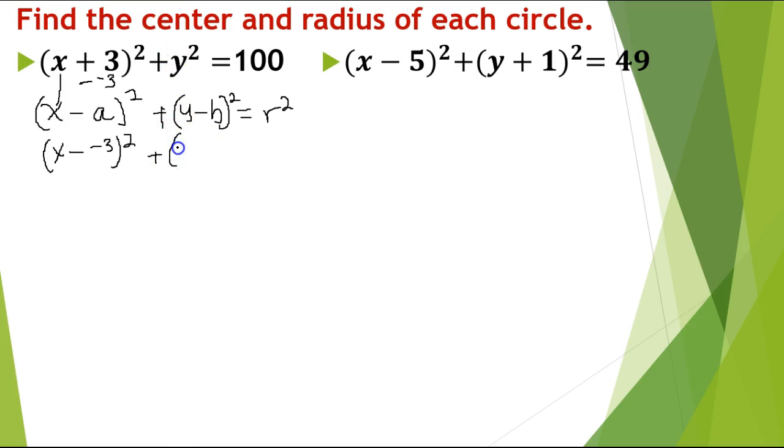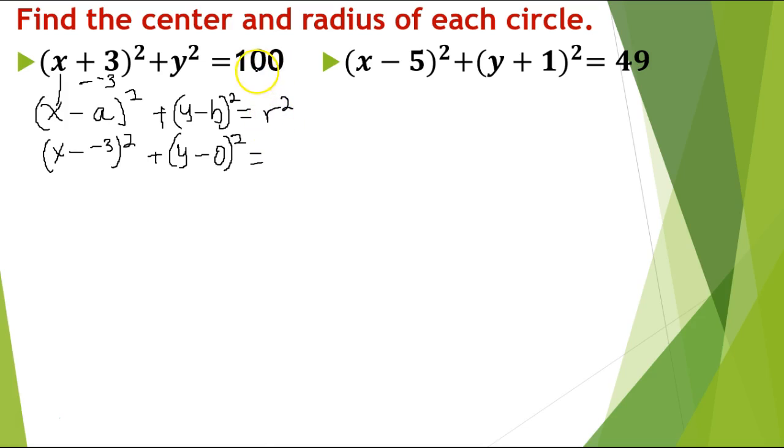If this is y squared, it's going to be y minus, probably 0 is here. We need to add or subtract something. So y minus 0 will still be y, it won't change it. Okay, and then equals the radius squared.